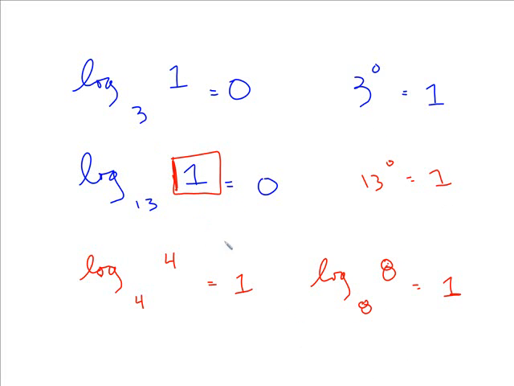It doesn't always have to be normal numbers. You might have other stuff that looks kind of confusing, but the idea is the same. If the base and the result are exactly the same, the exponent has to be 1. And if the result is 1, regardless of the base, the exponent has to be 0.